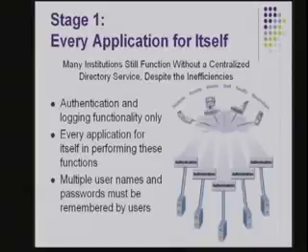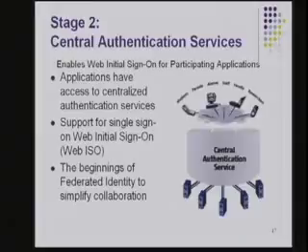And what was tried was the second stage, which was a central authentication system. I would put the .NET Passport into somewhat this category, which has a central authentication system which enables single sign-on. Single sign-on is you sign on once in the system, and then you can be seamlessly authenticated in the different websites. Okay?